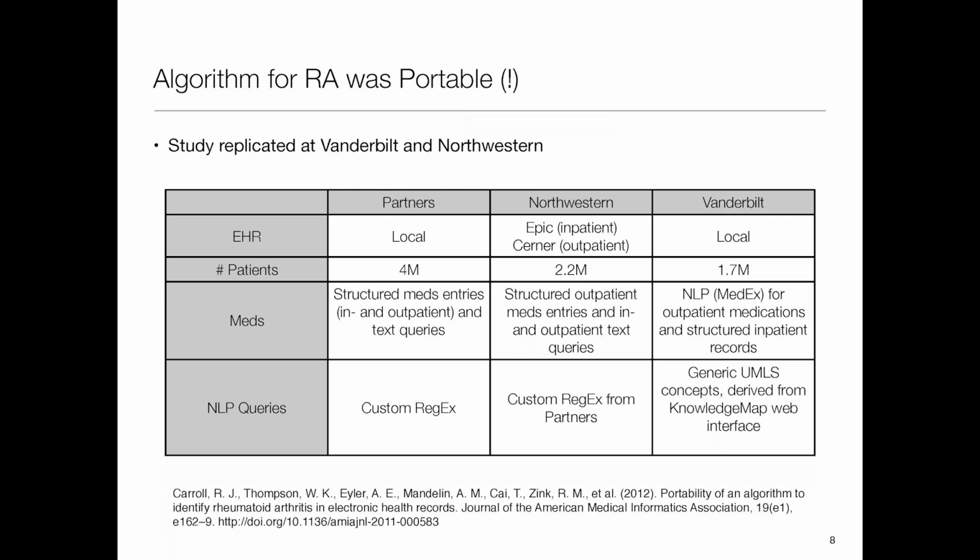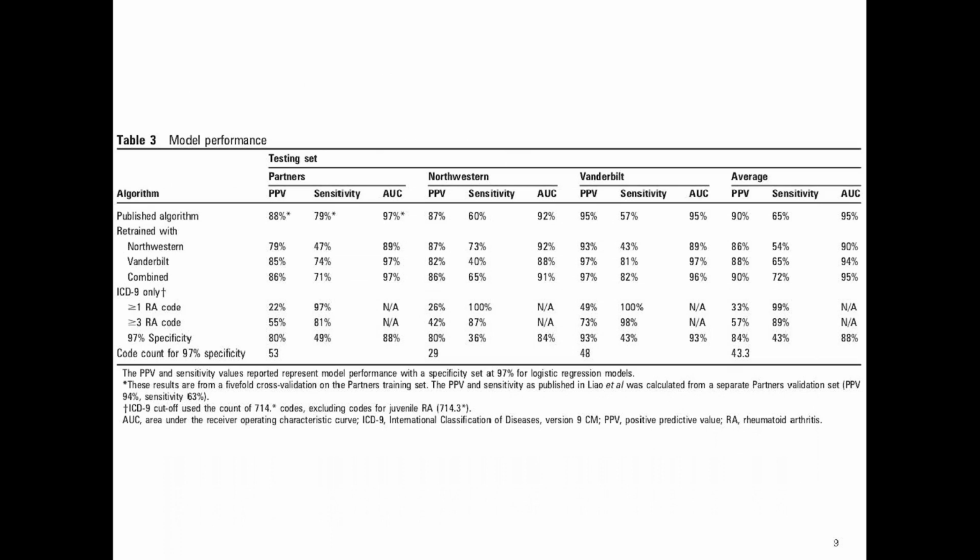That it would simply not work because there are local effects, local factors, local ways that people have of describing patients that I thought would be very different between Nashville, Chicago, and Boston. And much to my surprise, what they found was that, in fact, it kind of worked.